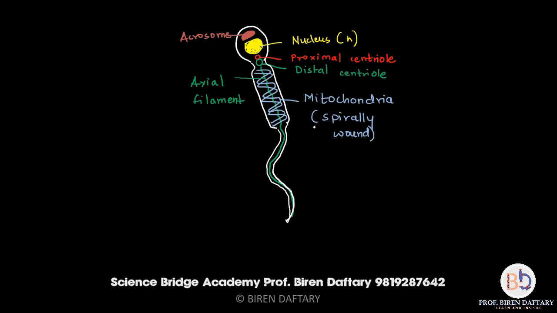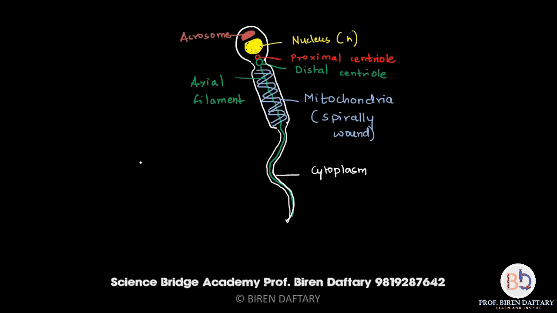Alright, so that is called the tail of the sperm. As you can see, I label the cytoplasm, and the axial filament is complete. So this is the structure of a human sperm.